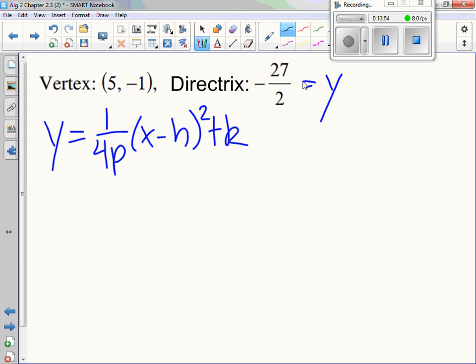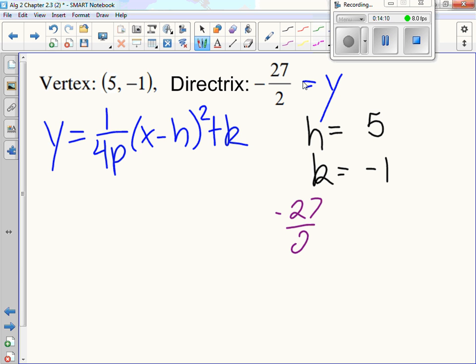Now the vertex does give us our h and k, because h is, k is negative 1. Now the directrix, negative 27 over 2, is equal to k minus p.